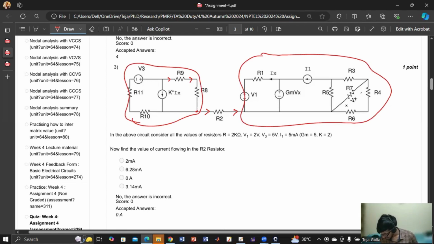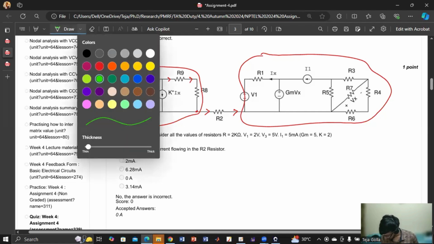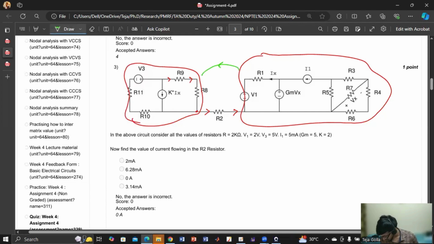The current that is entering this circuit is through R2. But is there any return path from this part to this part of the circuit? No return path, right? The only connection is R2. So if the current is flowing from this circuit to this circuit, there should be a path back, so the same current will flow. But there is no such path because this current is zero. Say this is network N2, N1.